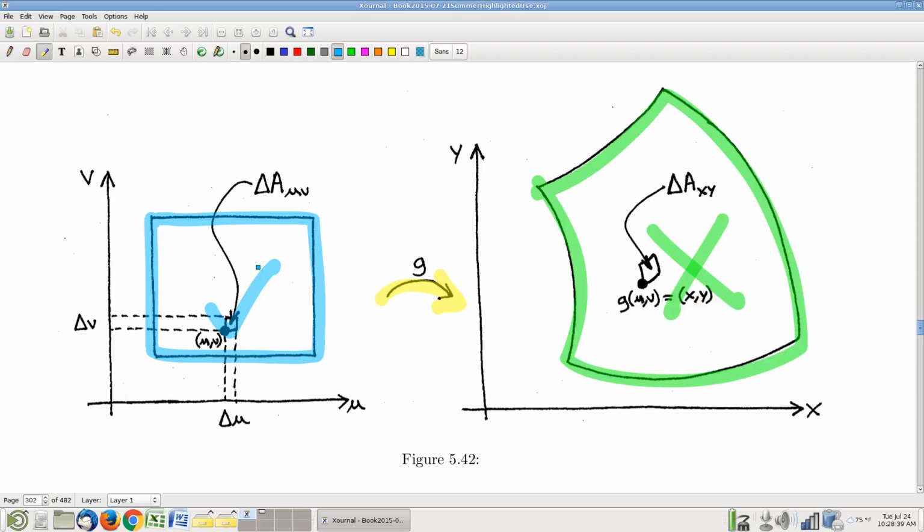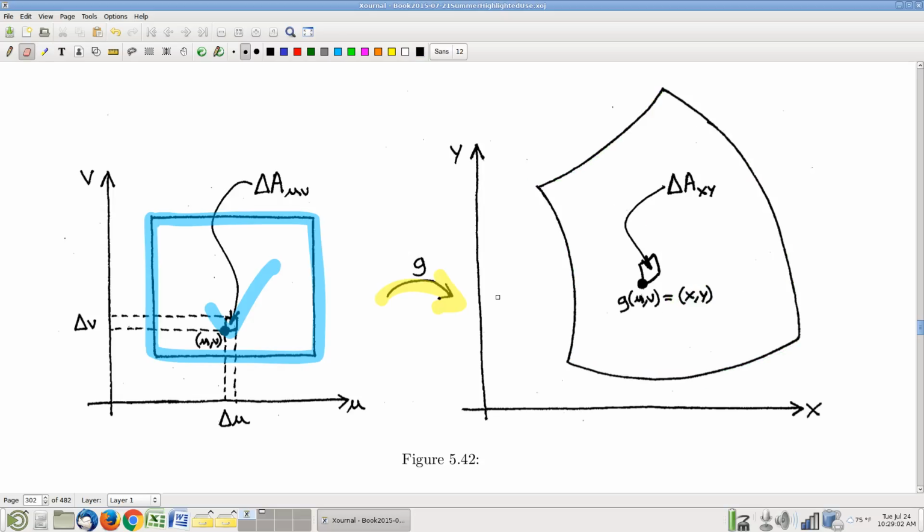Right? We're going to do the same pullback strategy. I'm going to try to take the stuff that's on the right. I've got some integral on this green domain, and I'm going to try to take everything that's in that integral and rewrite it in terms of what's going on in the blue domain, and thus, hopefully, fingers crossed, end up with an integral in the blue domain, which is a rectangle, which is easy to do, and life is good. Okay, everybody see the strategy? Okay. So, how do we do that?